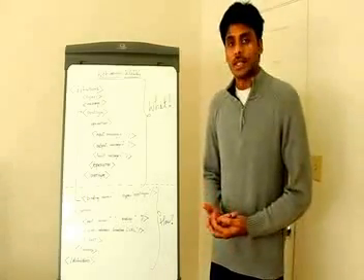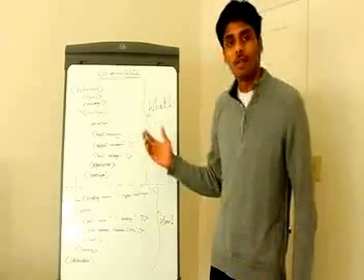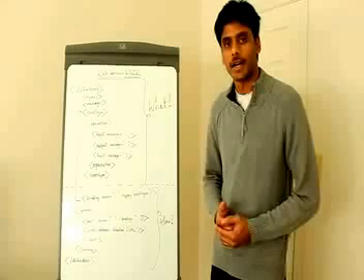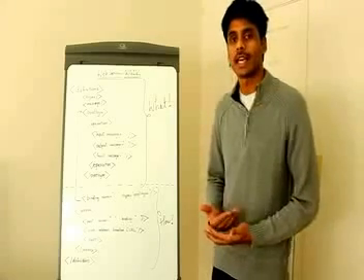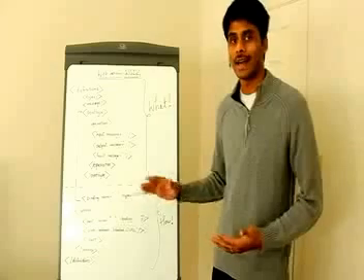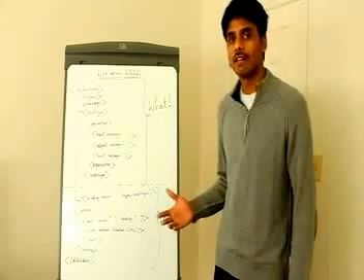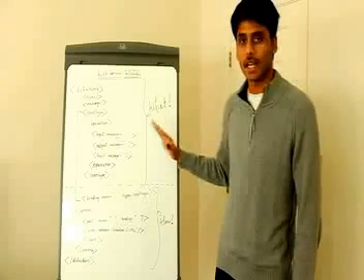WSDL does two things. Number one, it tells the consumer of a web service what the capabilities of a particular web service are. Secondly, it tells the consumer how exactly he can get the services, the physical address of the actual web service. Based on that, a WSDL file, which is an XML file, is divided into two sections at a high level.